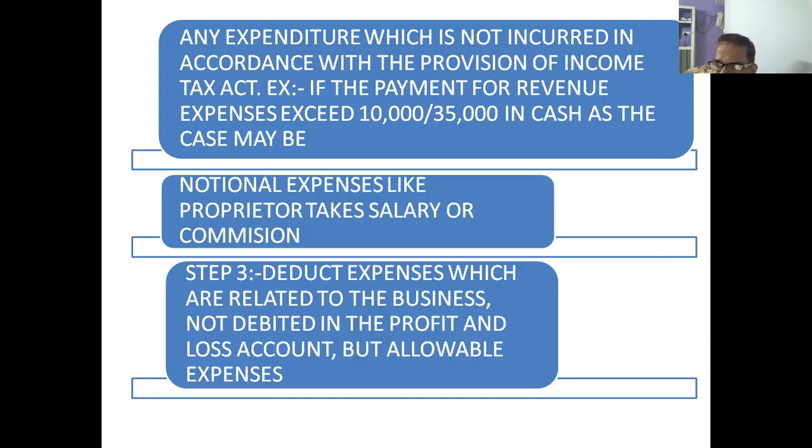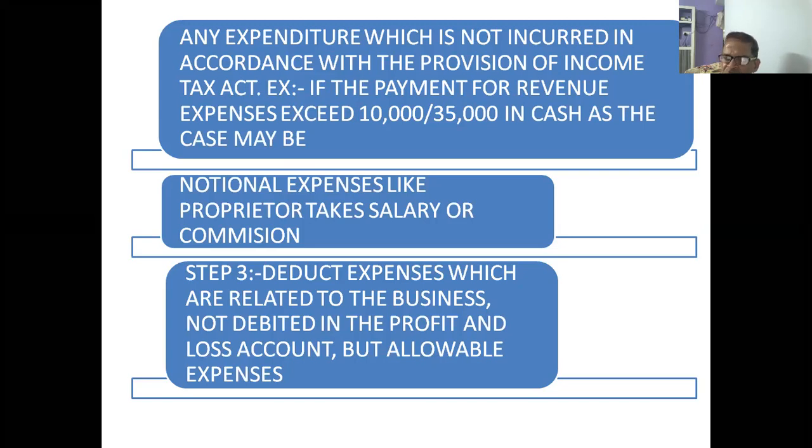Similarly, if you pay expenses in cash above 35,000 for transport charges, meaning carriage inward, outward, freight inward, outward, above 35,000 you have to pay by account payee cheque only. Below 35,000, you can pay in cash. If you pay above 10,000 or 35,000 in cash, the entire expenditure is disallowed. That means you're violating the provisions of the Income Tax Act.